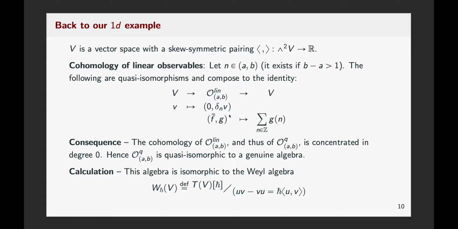And it just turns out, not a surprise, that it's the Weyl algebra. So that's the simple calculation. The Weyl algebra is just the tensor algebra modded out by the relation that the commutator of u and v is given by h bar times the pairing of u and v. Probably calling it the Weyl algebra is a bit improper here because I haven't assumed that the pairing is non-degenerate, but we can still define this algebra.